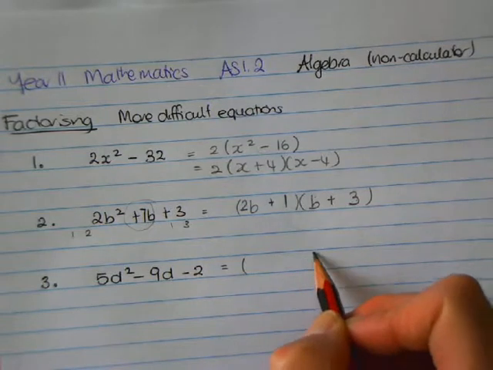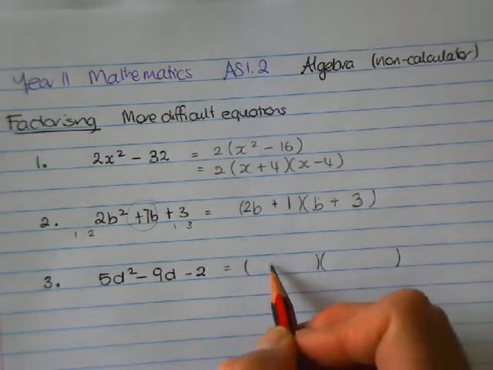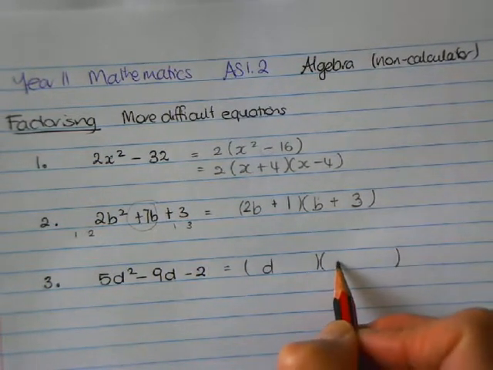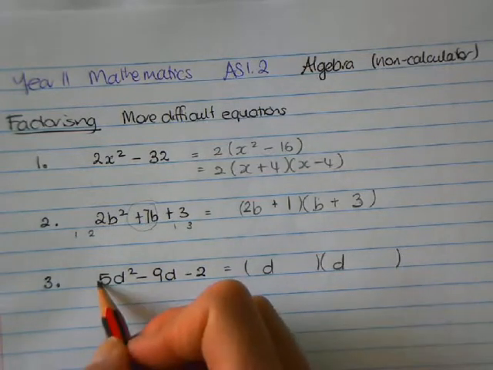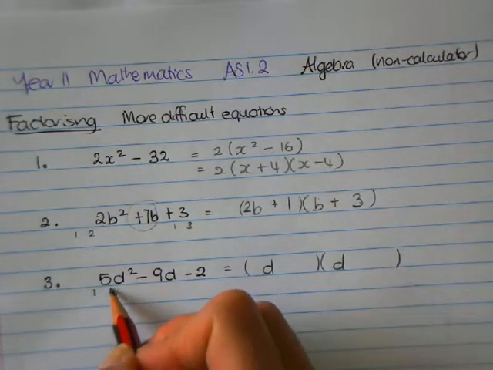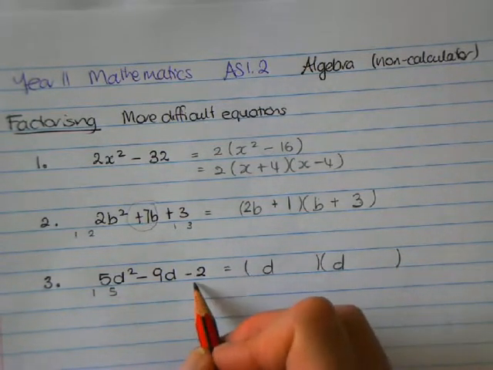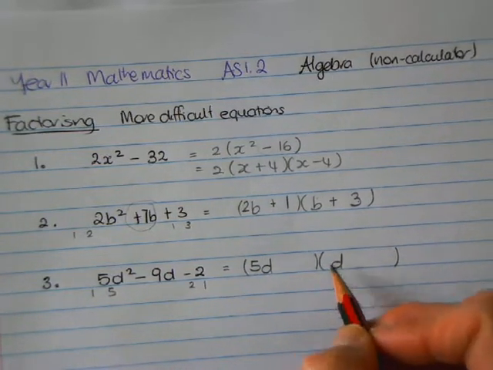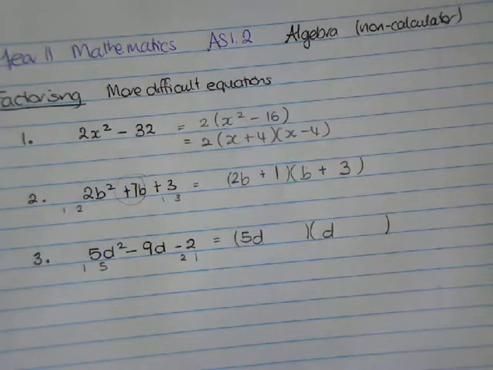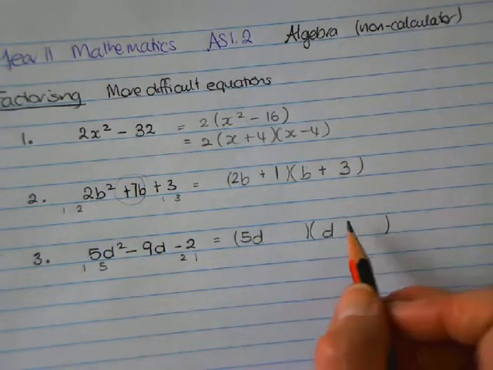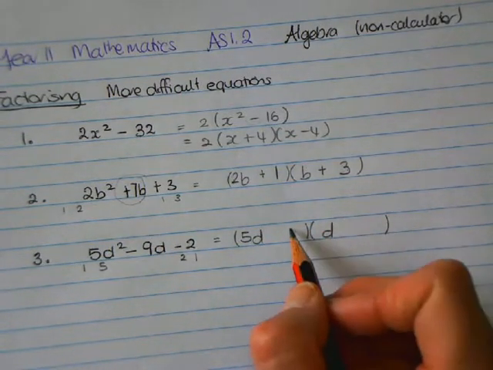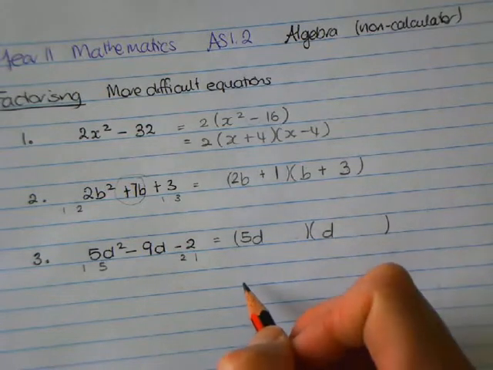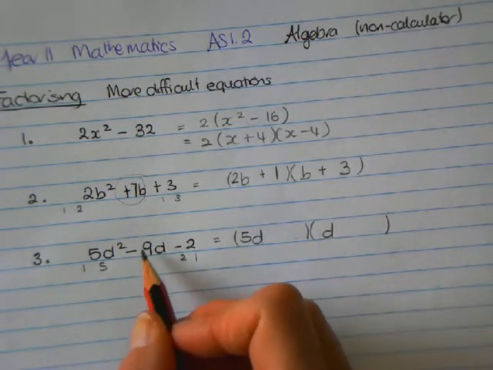Looking at this one here, same strategy. I know that I'm going to have a d and a d, and the only factors of 5 are 1 and 5. The only factors of 2 are 1 and 2. So I put my 5 in front of here and my 1, which we don't need to write there. Now, the problem is to work out, do I put my 2 here, or do I put my 2 there and 1 in the other place?